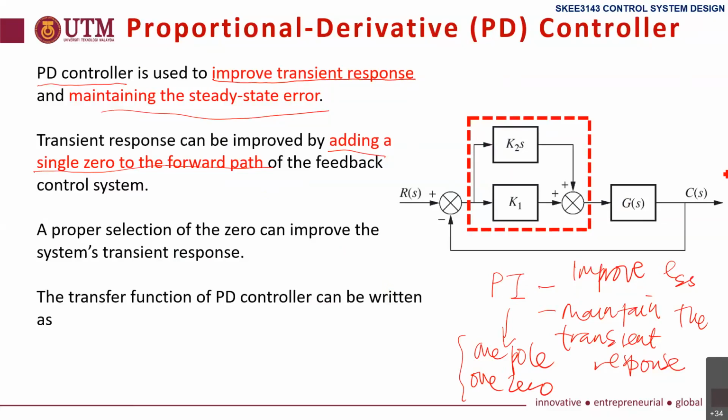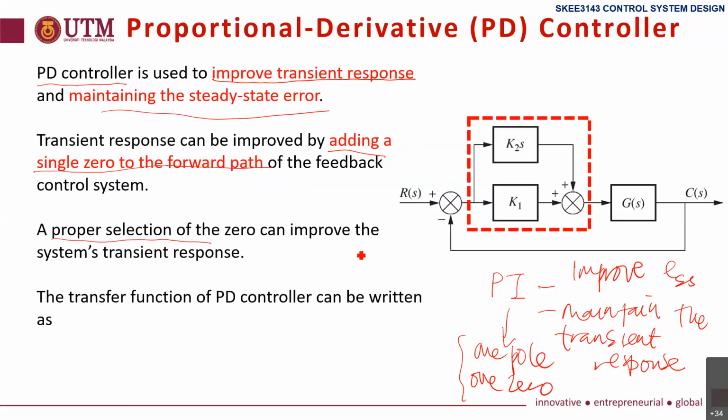The location will have to be determined. We need to do calculation in order to determine the location of the 0 that we want to add. So a proper selection of the 0 can improve the system transient response. So the location will be based on desired response. Let's say we want overshoot 10%, we want settling time 1 second. So that will be used to locate the new 0 that will be added.